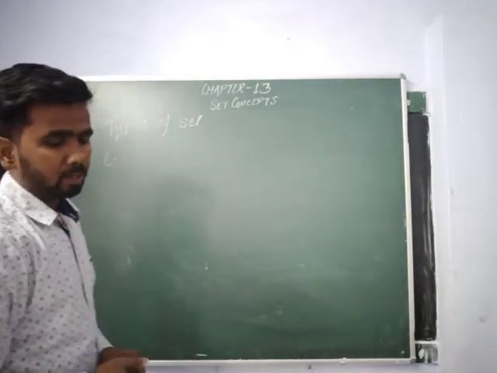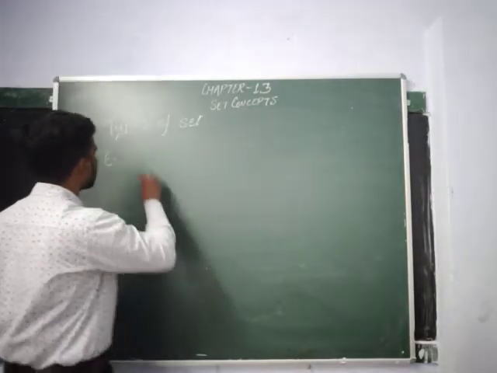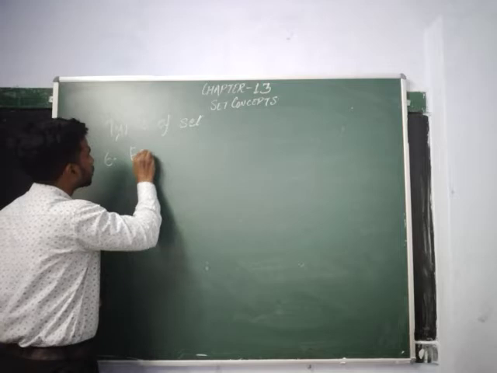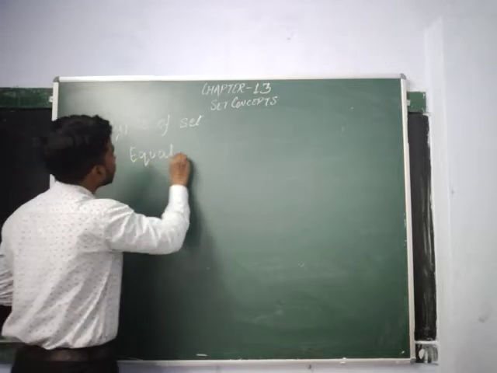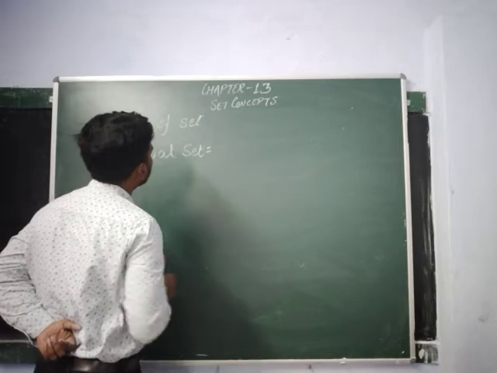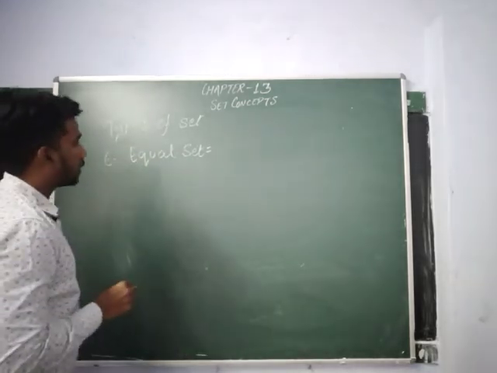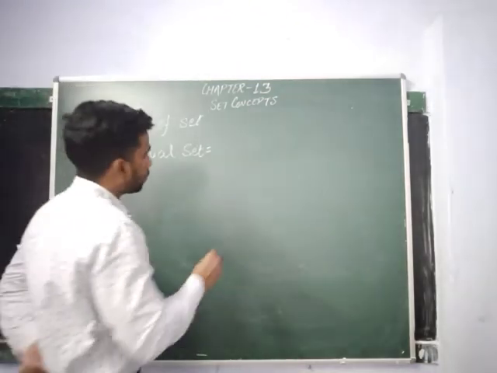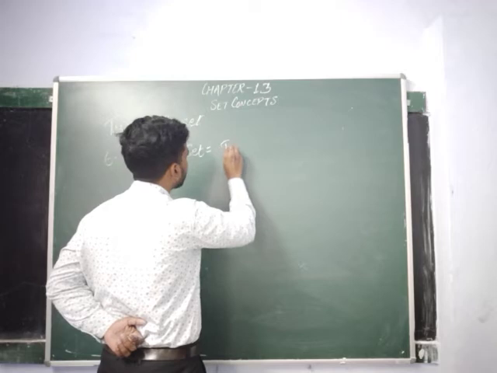Now our next kind of set is equal set. So what do you mean by the equal set? Let's see a definition first.